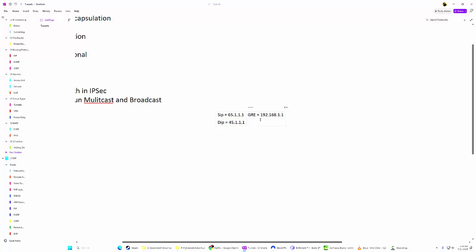Then it's going to look at the GRE packet and say, oh, this is coming from the other side of my tunnel with the IP address of 192.168.1.whatever, because obviously it has to be on the same subnet in order for it to be what? Pingable and reachable and communication, right?